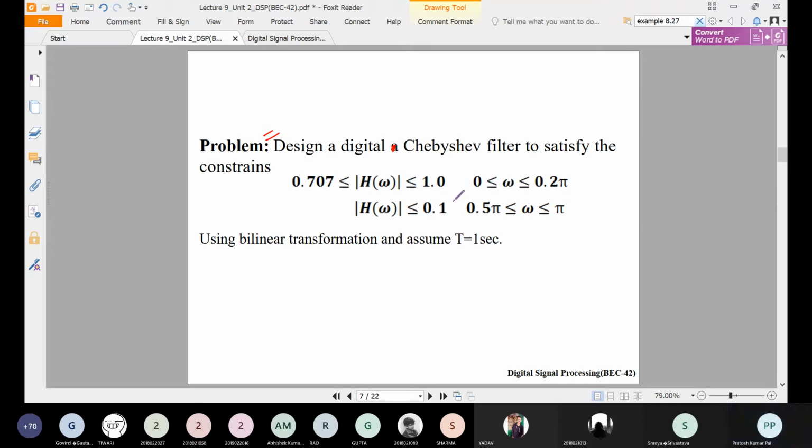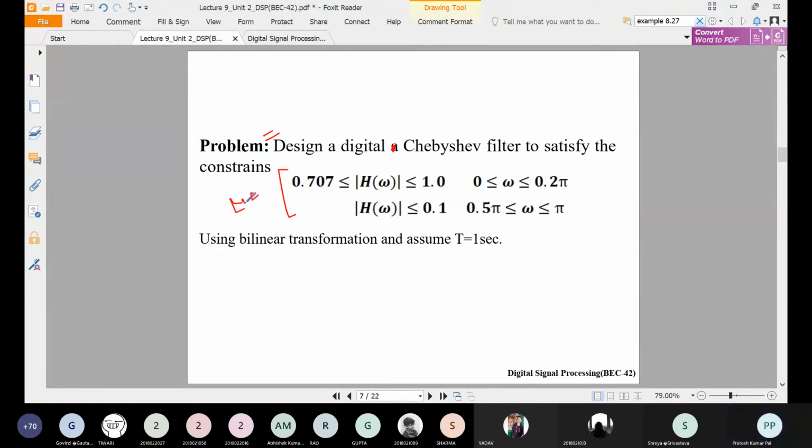You may notice that here the magnitude is 1 between 0.707 and 1. So for low frequency it is passing the signal, the magnitude is high, which means it will pass the signal. But in the exam questions, it may be the reverse. So this is for a low pass filter.